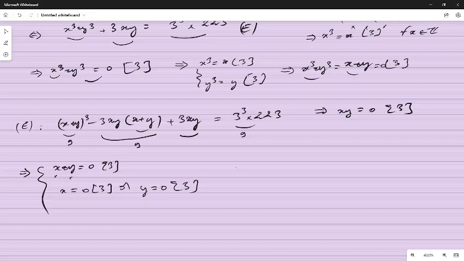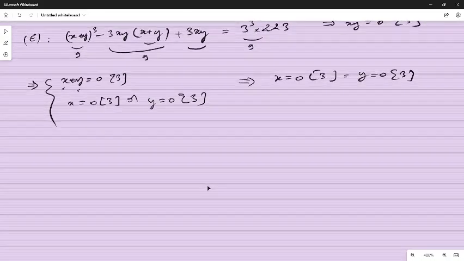This implies that x equals y equals 0 mod 3. So the two variables x and y are multiples of 3, so we can put x equals 3a, y equals 3b.